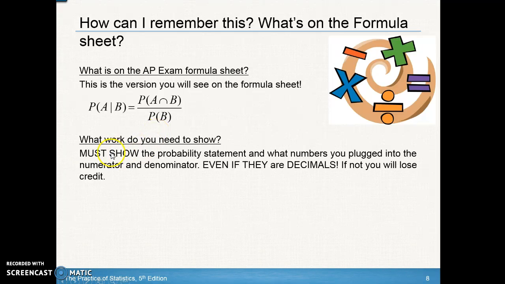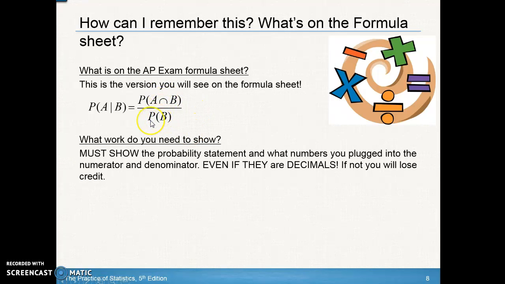All right, so what work are you going to need to show? In the next couple of slides, we're going to be looking at using tree diagrams and conditional probabilities. And with tree diagrams, we're going to be having decimals. So you still need to show the probability statement, A given B, and the numbers you plugged into the numerator and denominator, even if they're decimals. If this is a decimal and this is a decimal, I know that's yucky math, but show those plugged in and then show your decimal answer.